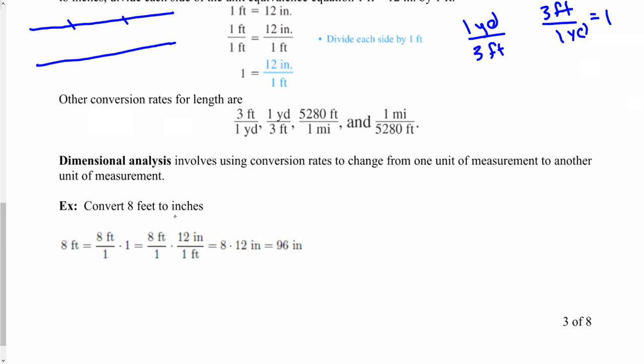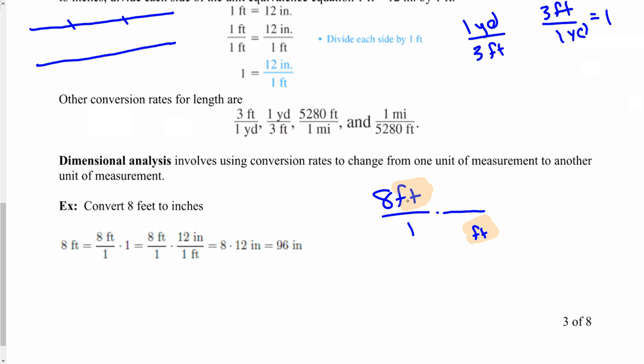If I want to convert 8 feet into inches, I'll start with 8 feet. Now, I like to do this where I write 8 feet, and I'm going to turn this into a fraction by putting it over 1. Then I need to multiply that by a fraction. Now, if I have feet on top, then for my conversion, I need to have feet on bottom as well.